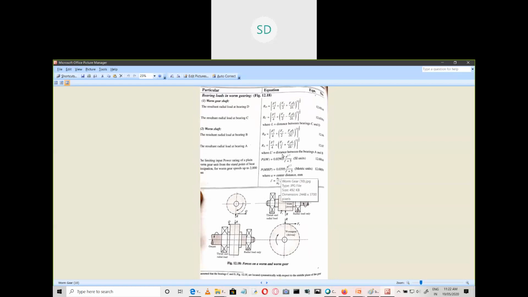For example, D1 equals m into Z1, and D2 equals m into Z2. But in this case, it is a little different here.